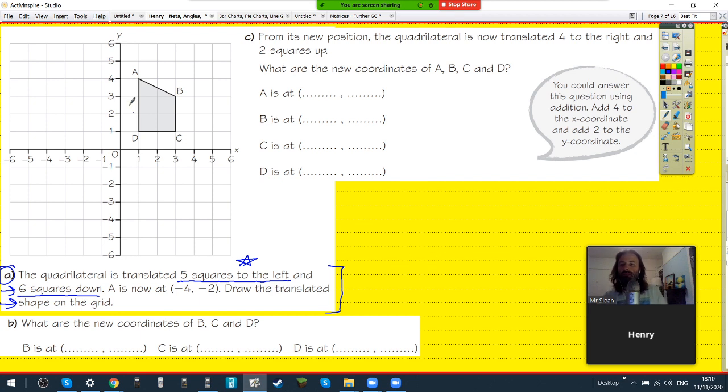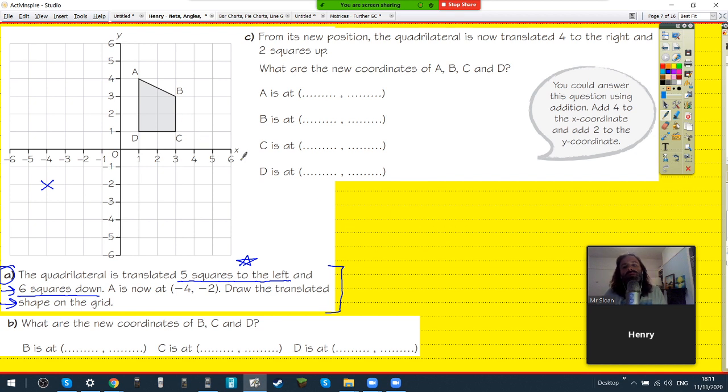Nice. I'd put it, okay. And so where is this? Yeah, well done. -4, -2.